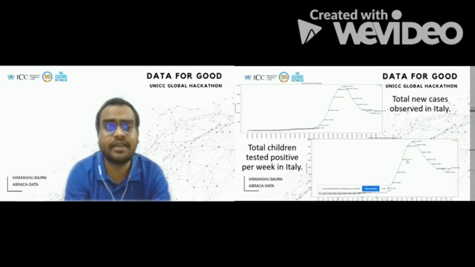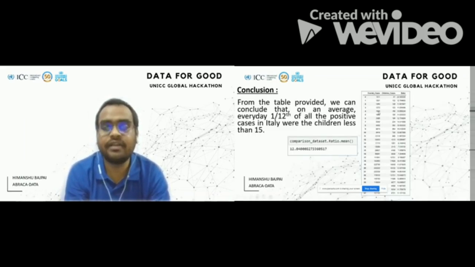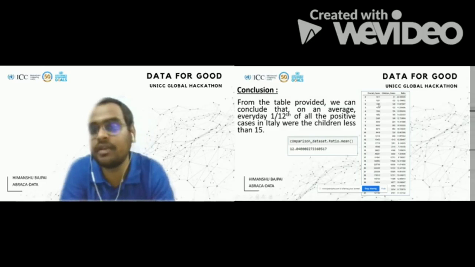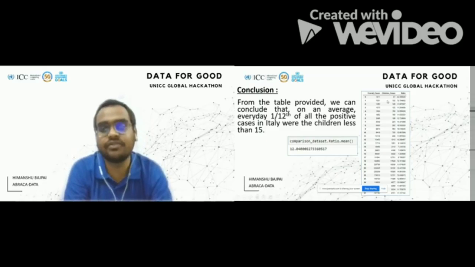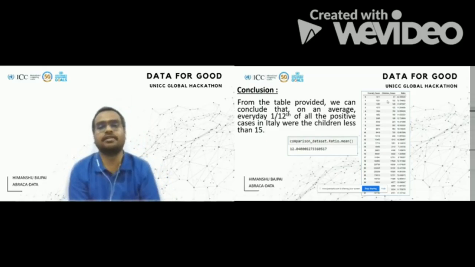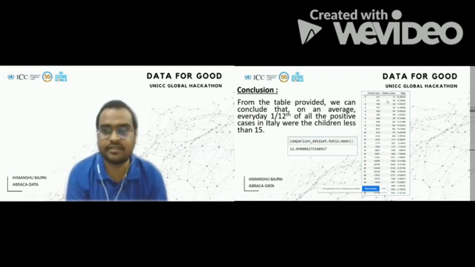Now, in order to numerically annotate what percentage of the total number of children got impacted throughout the weeks for which we have the data, we can prepare a table with overall cases and children cases, and then figure out the ratio of how many children were there for a specific number of overall cases.